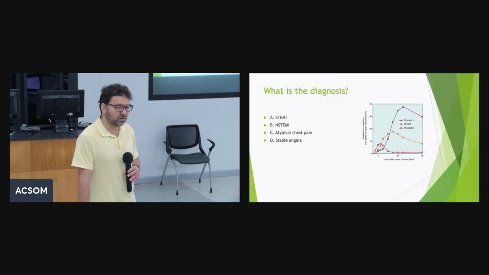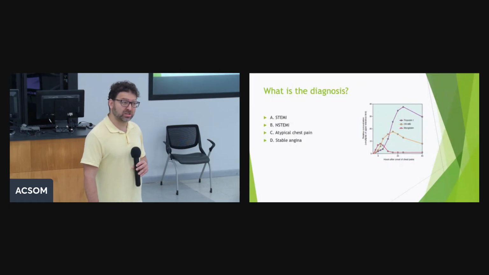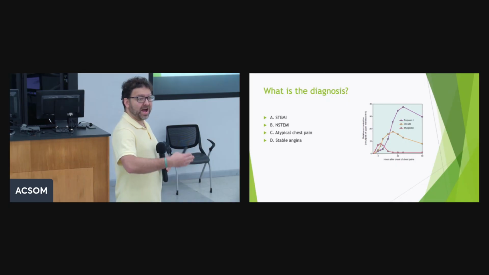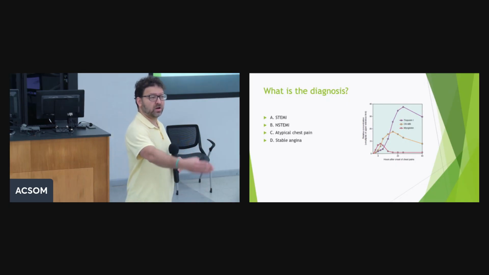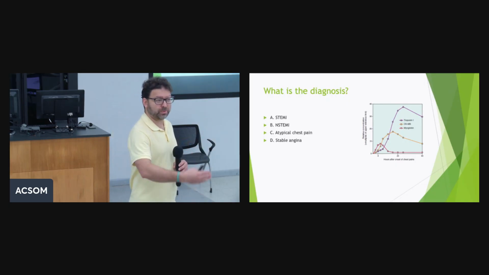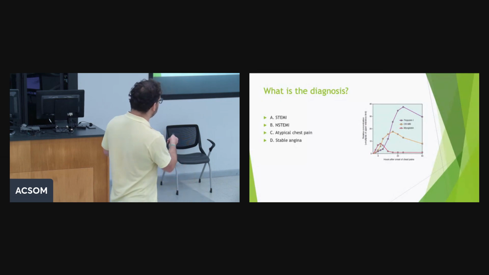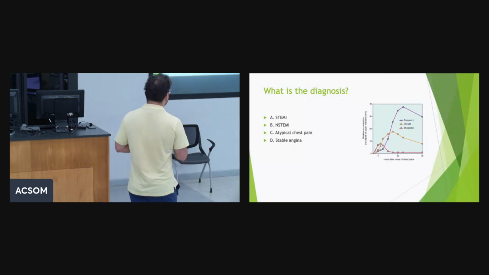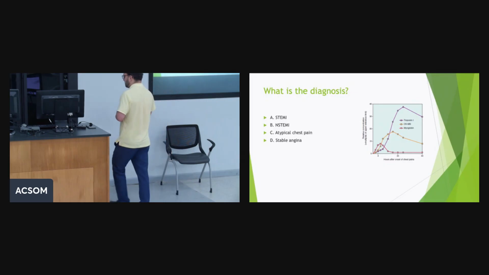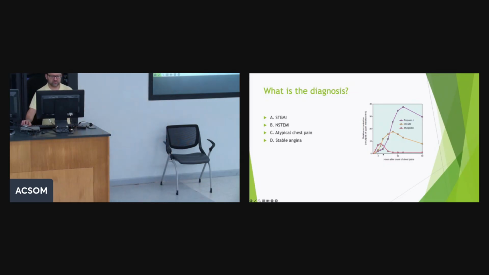So you really have to have an index of suspicion, and every hour or two, we get another ECG and another troponin because we understand the limitation of the test. As you can see here, you won't even begin to have measurable troponins until 3 or 4 hours.